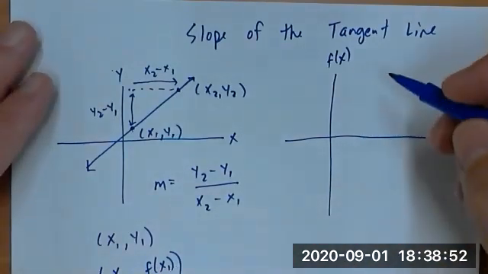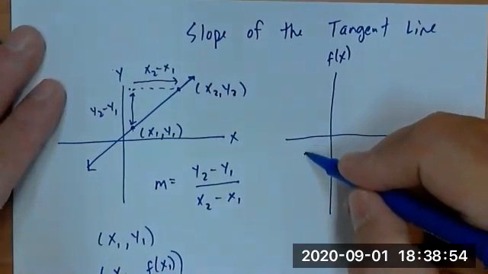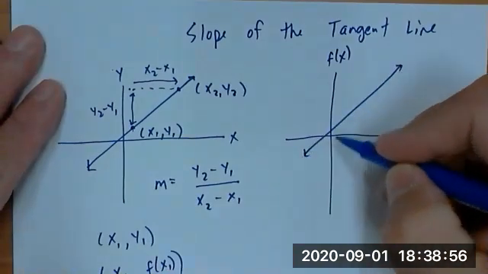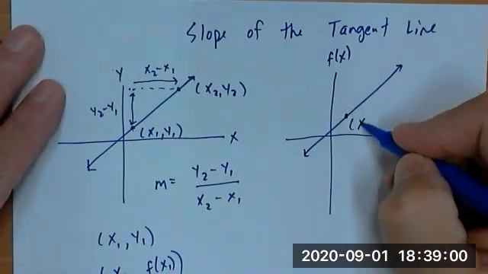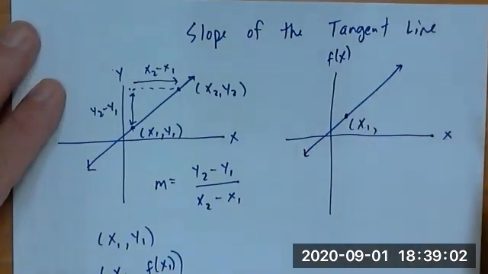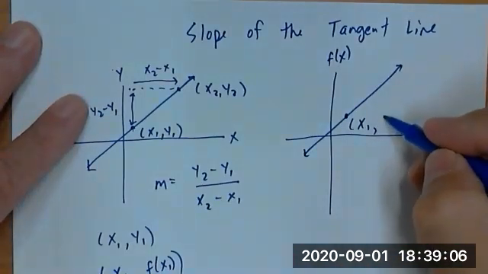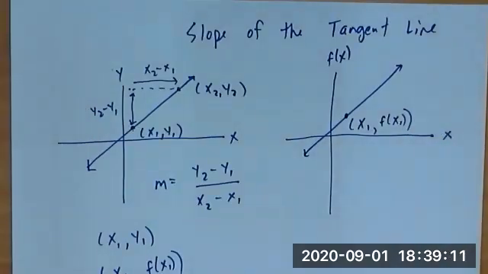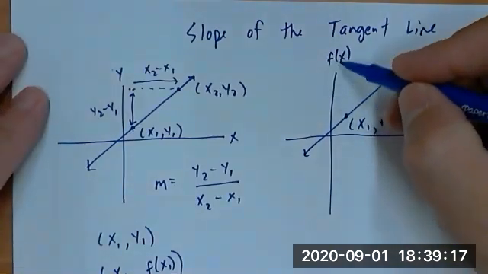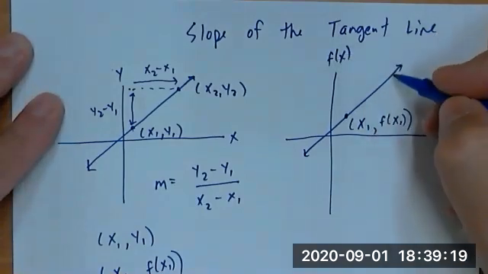So I'm going to do the same thing over here. Here's my first point, x1, but I'm not going to write y1. I'm going to write f of x1. f of x1 is the same as y1, but I don't want to write y1 because I want my graph to be sort of like in function notation.